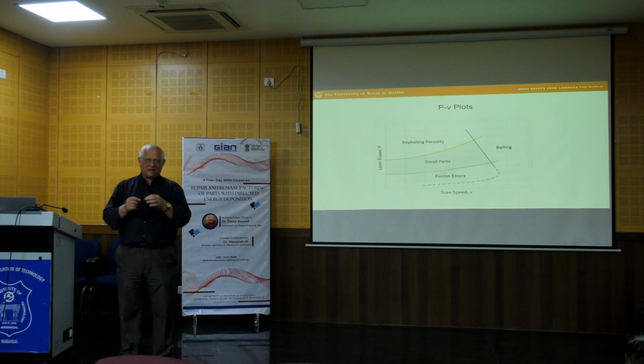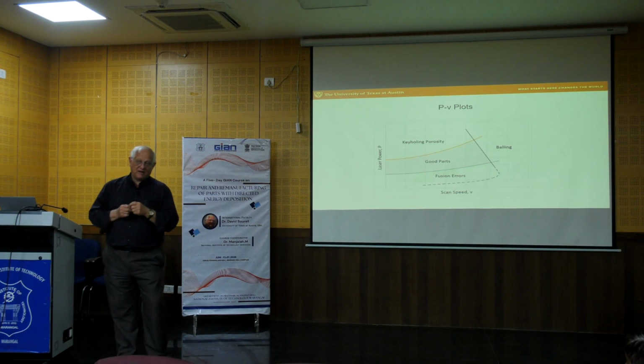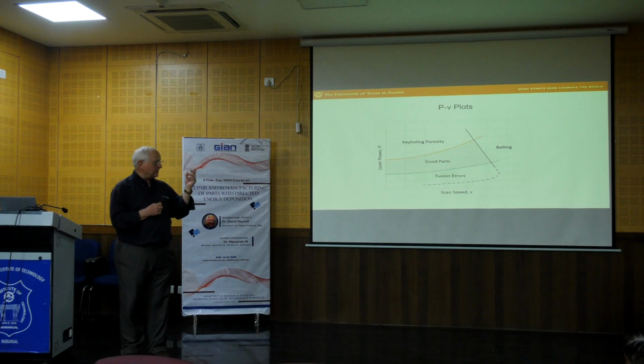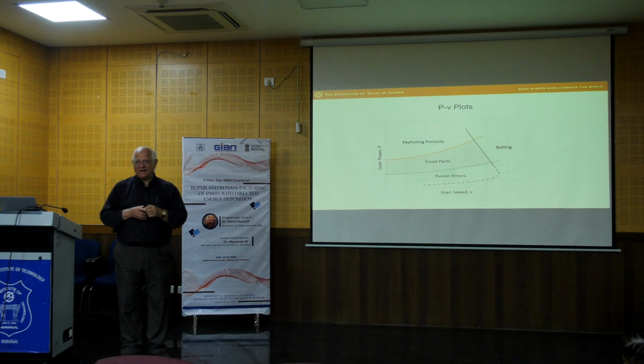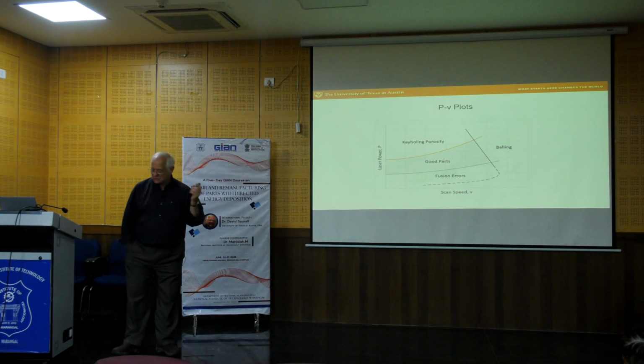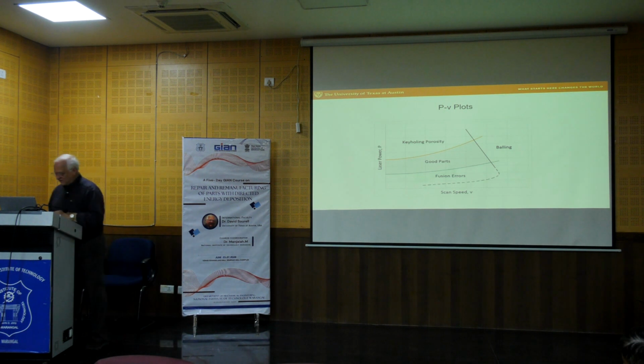We have a thing called Rayleigh instability, which is present in a lot of different areas. But we get Rayleigh instability, and that long stream of liquid metal collapses into little spheres to minimize the surface energy. And so that's what the balling phenomenon is. It ruins the part. And again, we were the first in Texas to observe it and published in 1990.